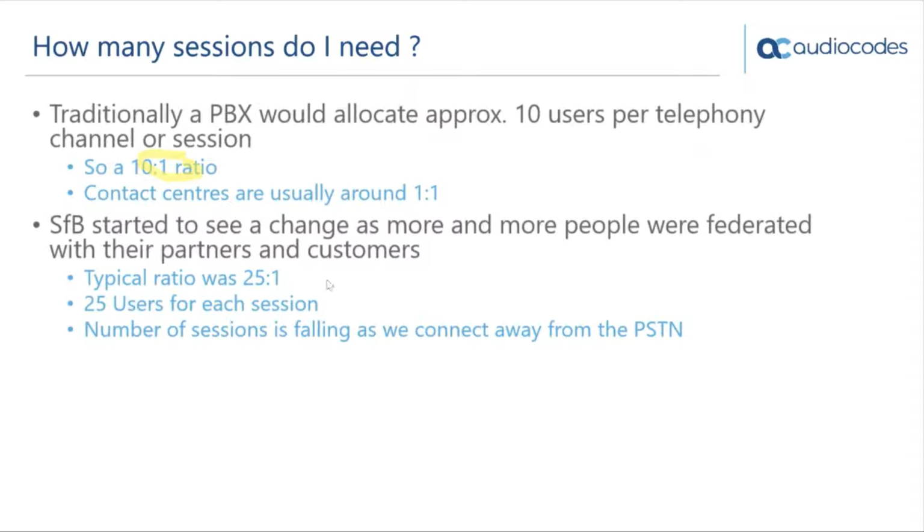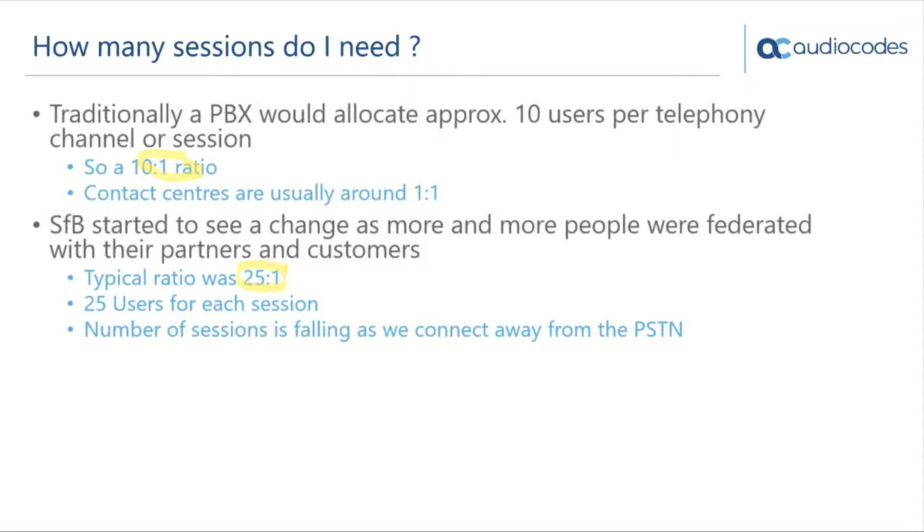And what we started to see was the typical concurrency ratio that people needed for an SBC solution started to go down. So typically we were now seeing something like 25-to-1 as a typical contention ratio that you'd need. So 25 users for each session. That means you need less and less telephony for each deployment. So now if you're deploying a solution with 500 customers, you might need 20 sessions.